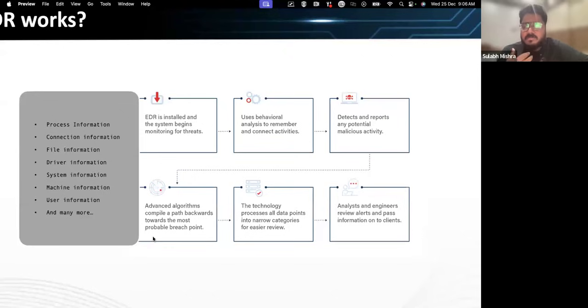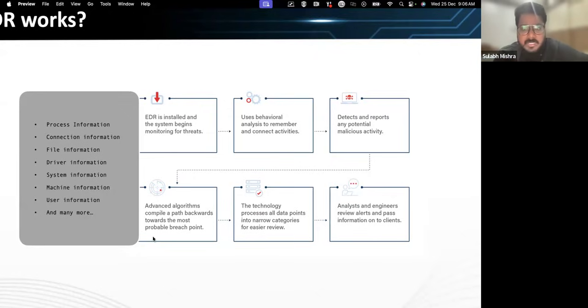It will also use the most advanced algorithms to present the data in a more defined way for you as an analyst. It's not just giving you one single log, but it tries to give you the complete details of that particular event.